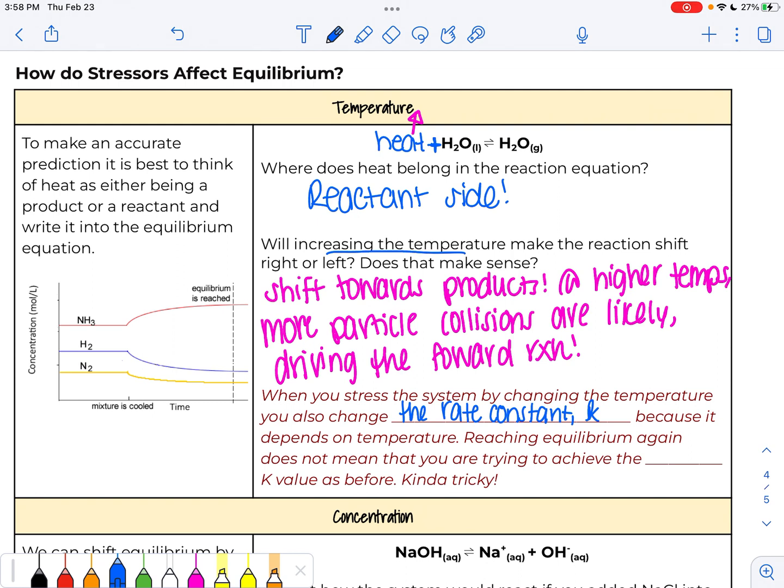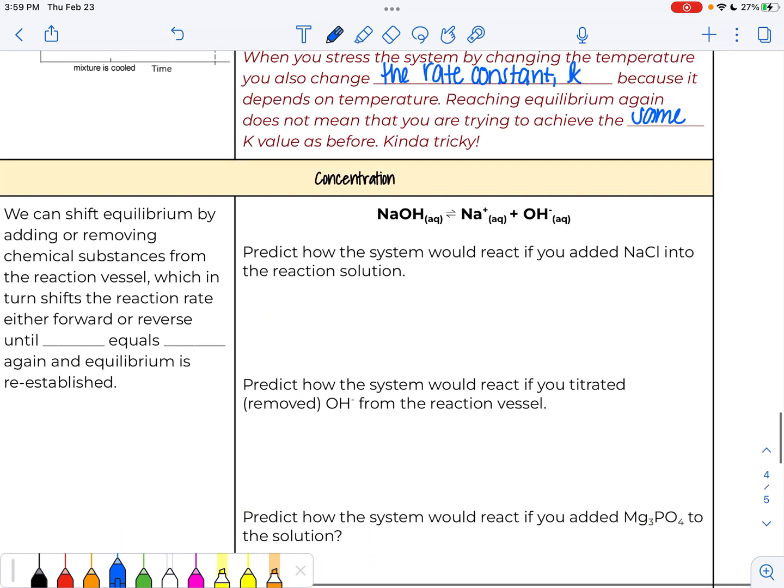Because the rate constant k depends on temperature, you also are actually affecting the equilibrium constant K as well, because that depends on temperature. So reaching equilibrium again does not mean that you are trying to achieve the same K value as before. All it means is you're trying to get the rate of the forward reaction to be equal to the rate of the reverse reaction again.